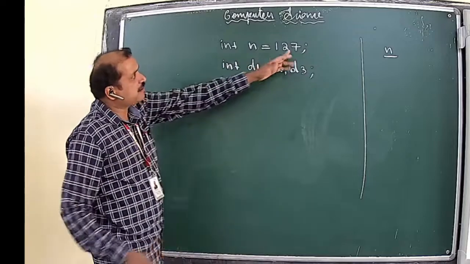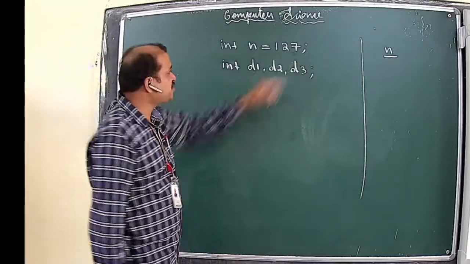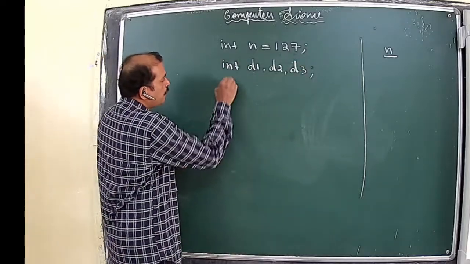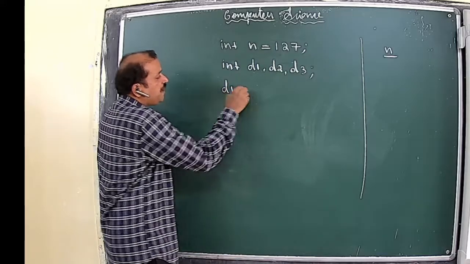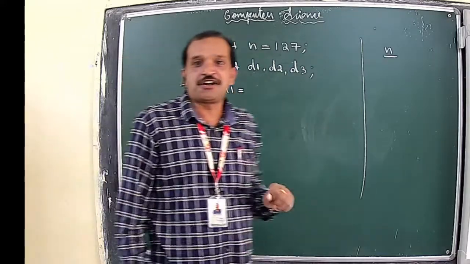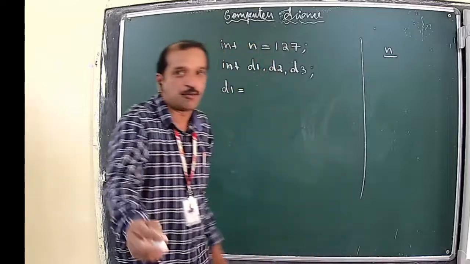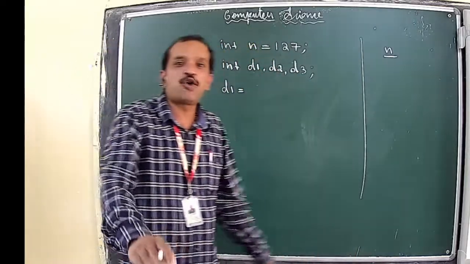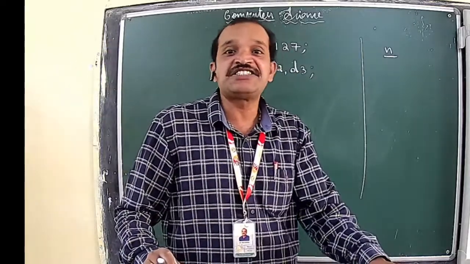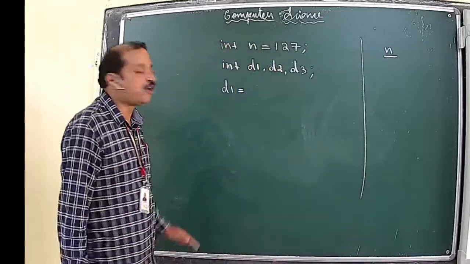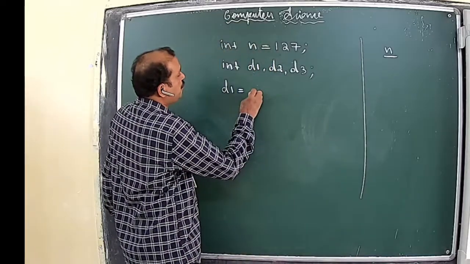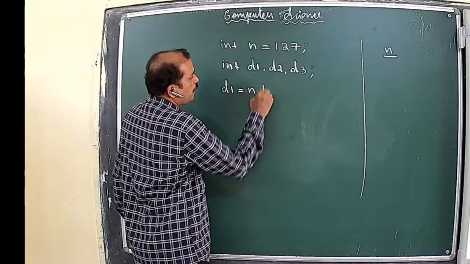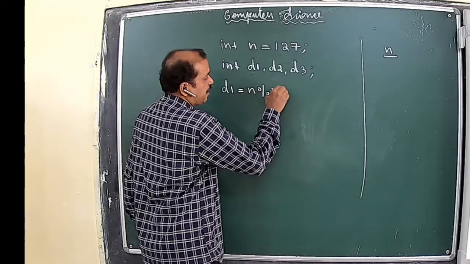To extract this last digit to D1, we will be able to use the modulus operator. I hope you are already familiar with this modulus operator. The modulus operator performs a division and returns the remainder. So D1 equal to n modulus 10.